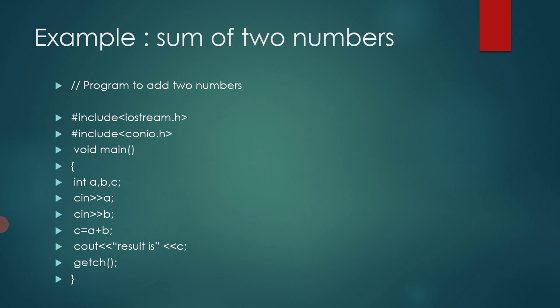So let's suppose I want to add numbers and I want to take these numbers as a, b and c, and I want to assign some values to a, b, and I want to transfer the result into the c variable. So what we have to do is declare the three variables a, b, c.